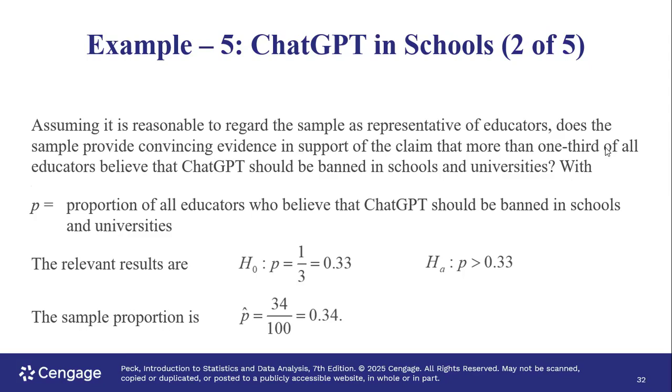As you can realize, our goal will be to compare the p hat with the hypothesized value in the null hypothesis of p. That is, we will calculate the standardized test statistic for the p hat value which we have obtained, which is 0.34.